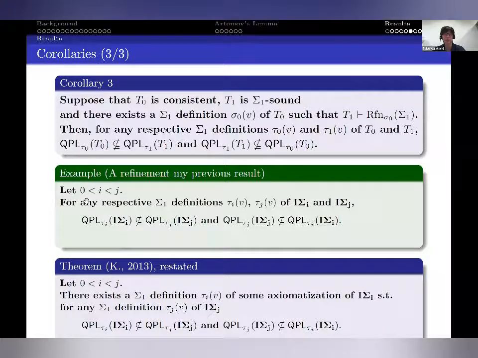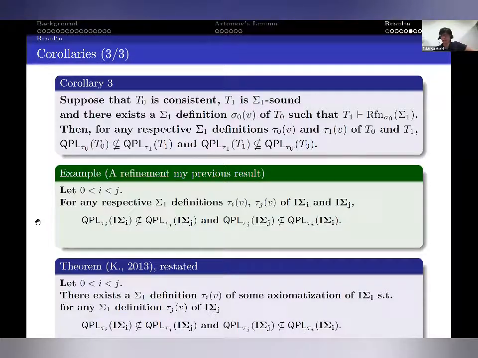I proved that, and this example says that for any non-zero natural numbers i and j with j larger than i, and for any respective sigma definitions tau i, tau j of I sigma i and I sigma j, the quantified probability logic of tau i, I sigma i is not comparable with the quantified probability logic of tau j, I sigma j.